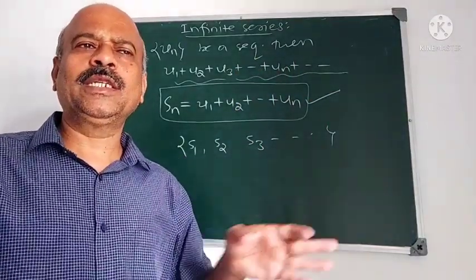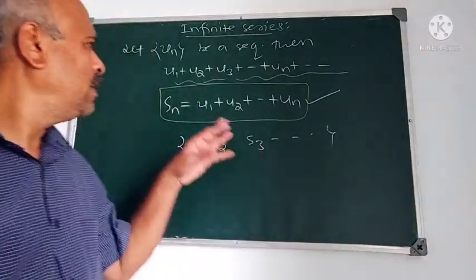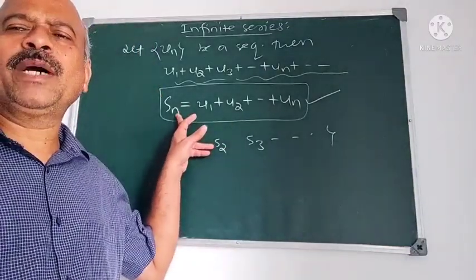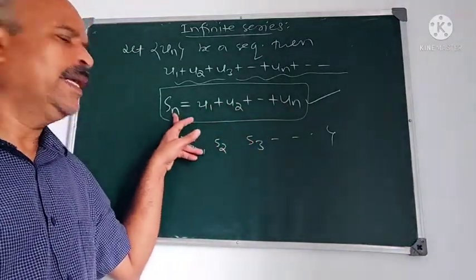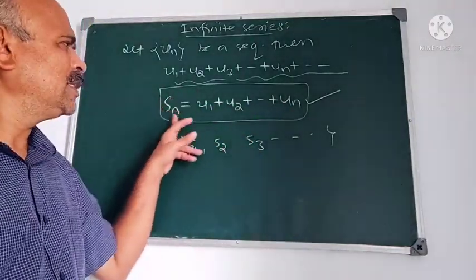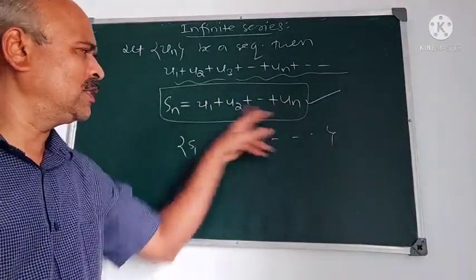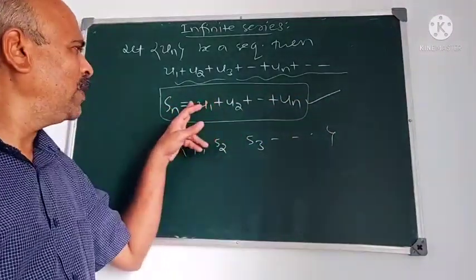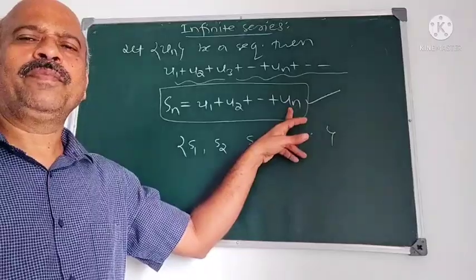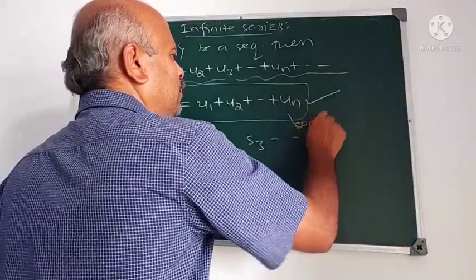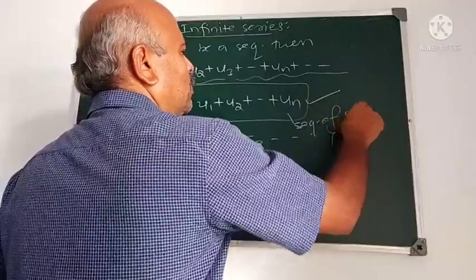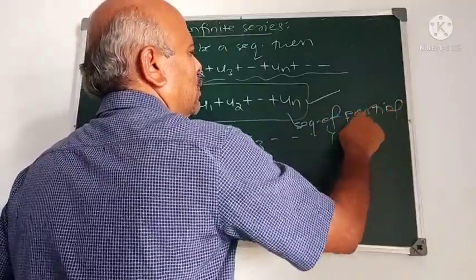When we say that an infinite series converges, for that we form the sequence of partial sums. We consider u1 plus u2 plus un and denote this by Sn. Now Sn is a sequence defined by u1 plus u2 plus un. Then this is called the sequence of partial sums.